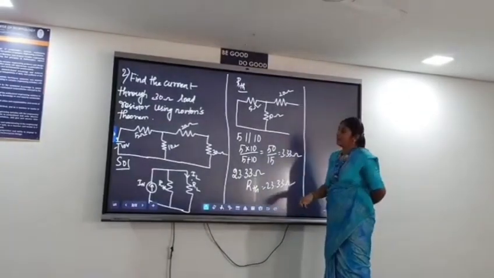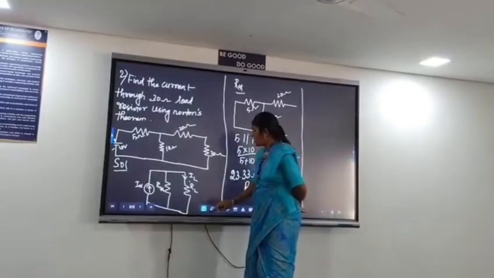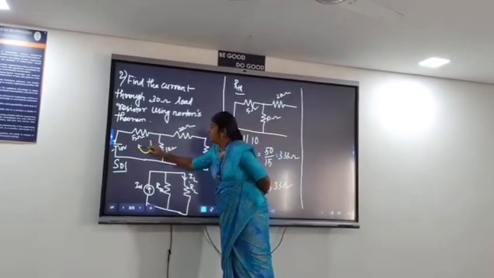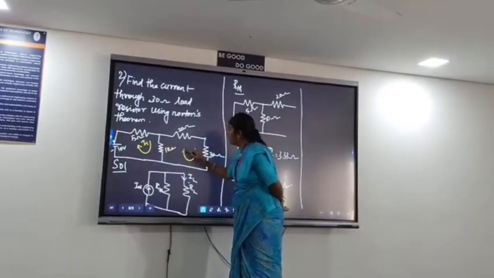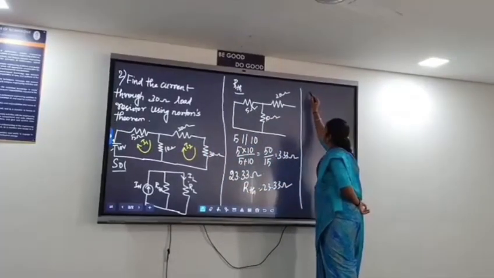Next is to find the value of IN. We take the circuit as it is, and use the first mesh current I1 and the second mesh current I2. From this we apply Cramer's rule.